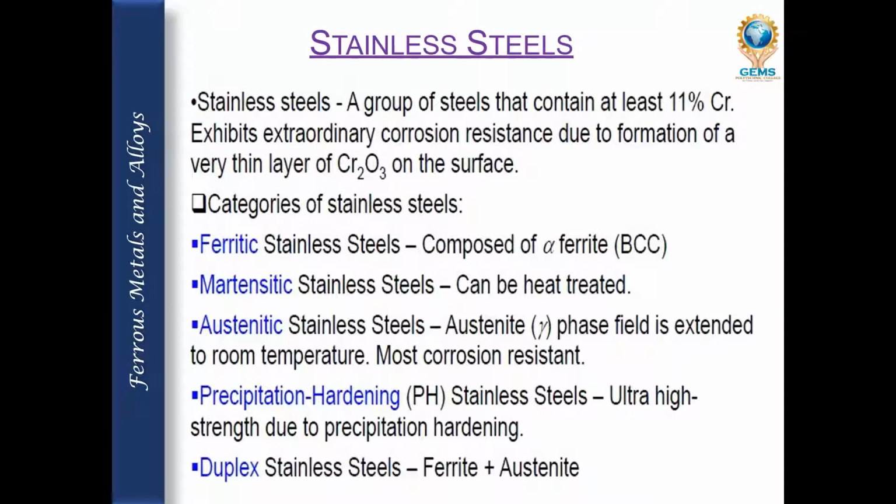So stainless steel is from the family of iron-based alloys that contain a minimum of approximately 11% chromium, a composition that prevents the iron from rusting.